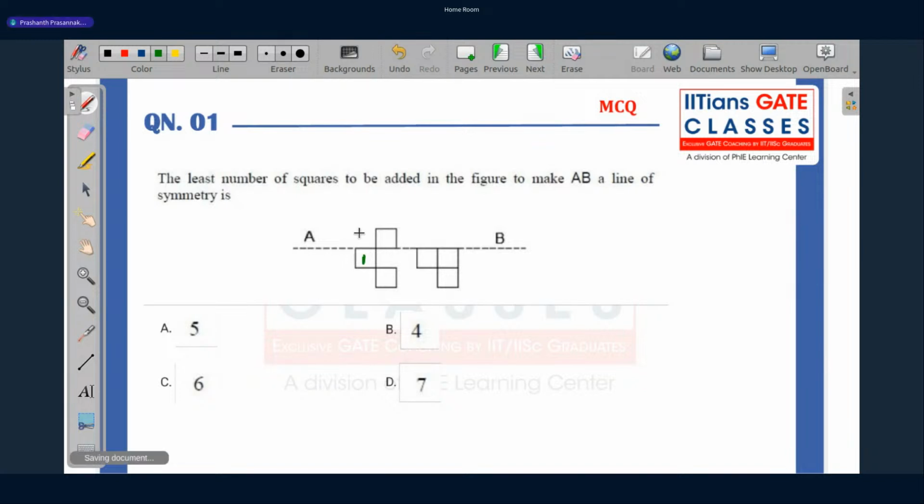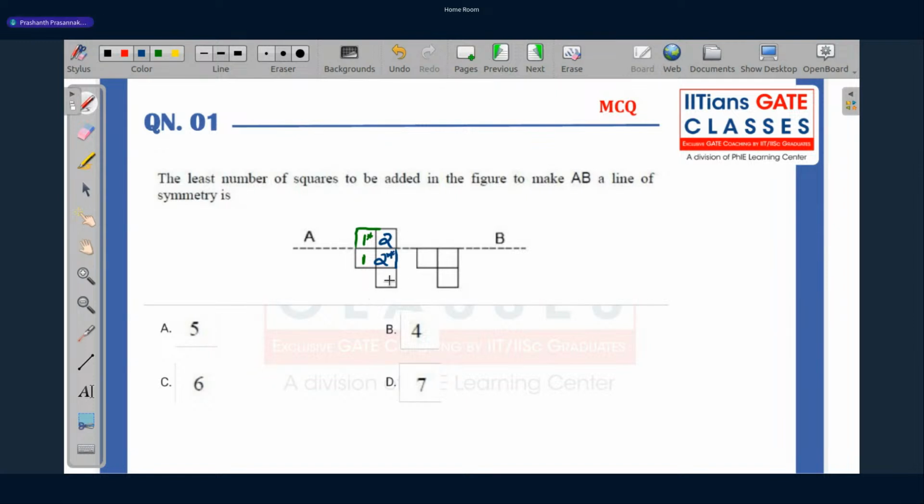If I flip it, corresponding to 1, I'll be getting this. Let's call it 1 star. Similarly, this box over here, 2. If I flip it, I'll be getting another box. Let's call it 2 star.